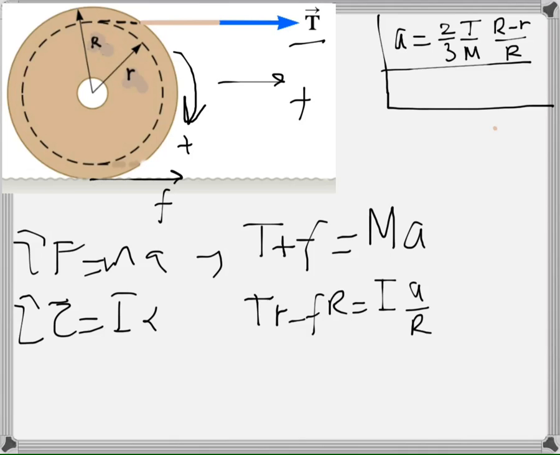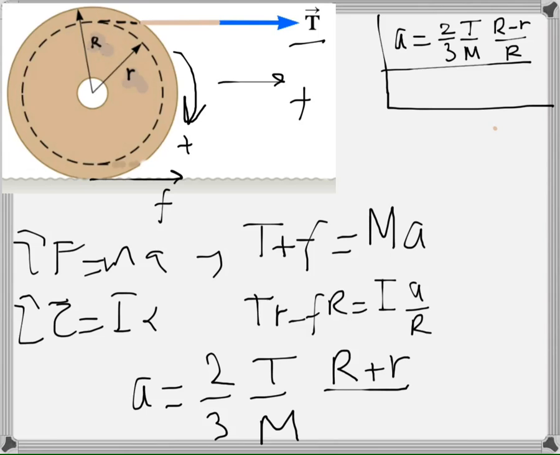So from this, you will see that if you work everything out, then in that case the acceleration will be equal to 2 divided by 3, T over M, times capital R plus small r divided by R. In the previous case, the acceleration was, up to this point, the same: 2 divided by 3 T over M, times R minus small r divided by R. But in this case, we have R plus r.